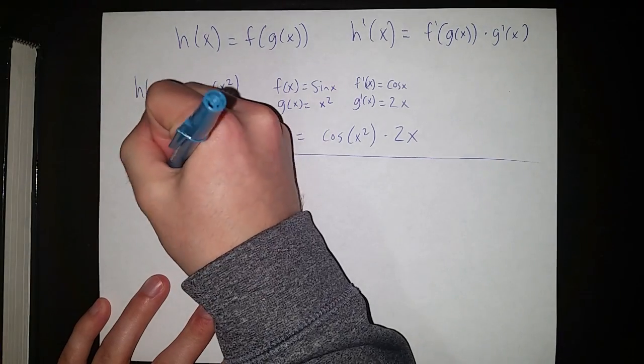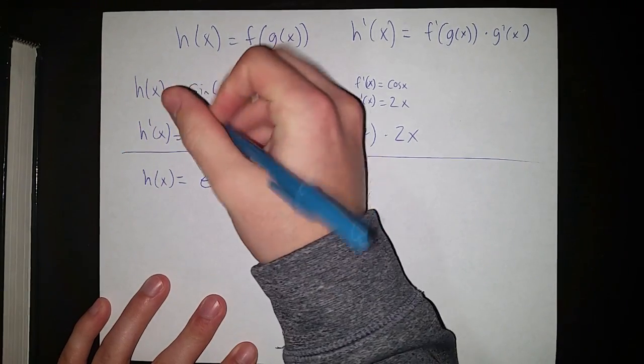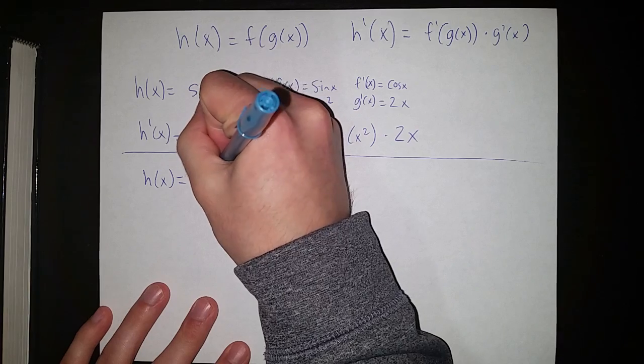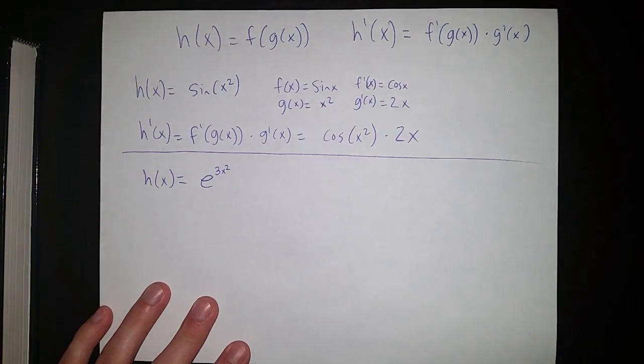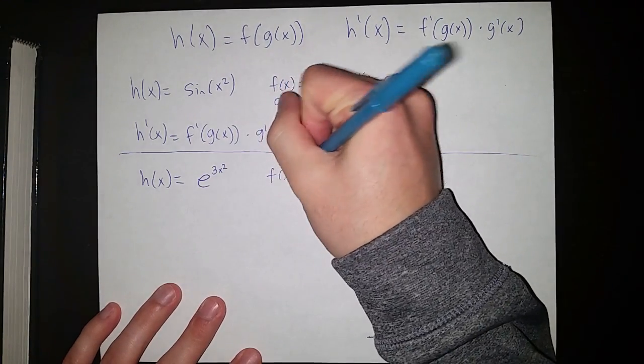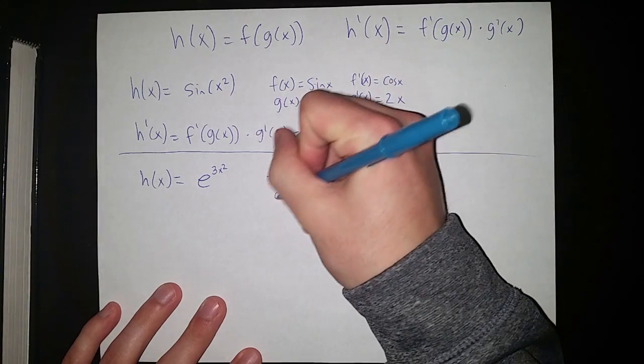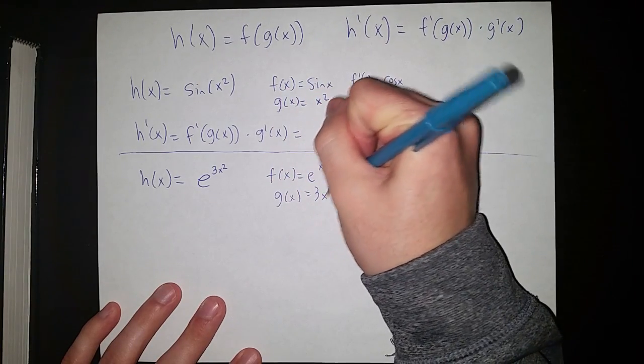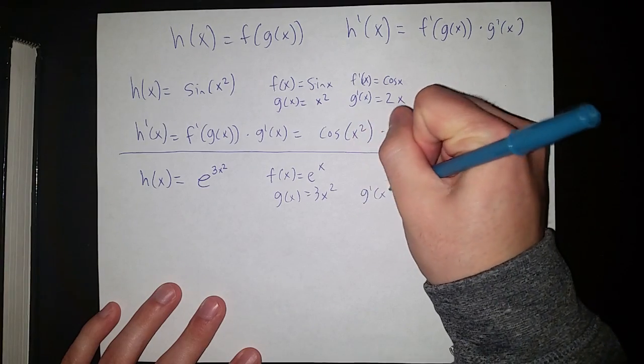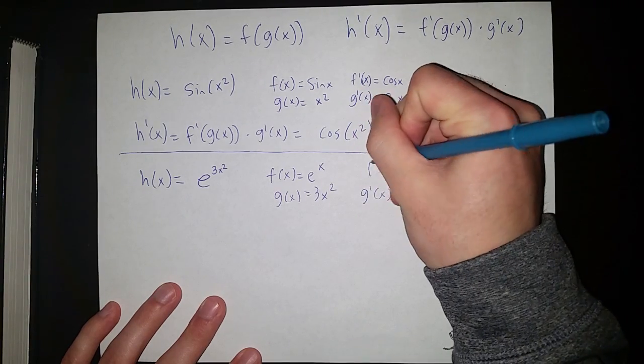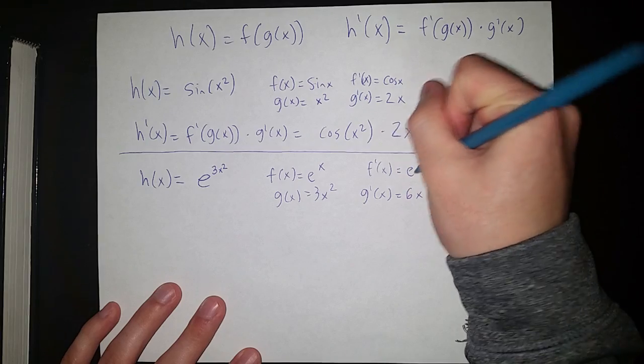Let's do h of x equals e to the 3x squared. f of x equals e to the x, g of x equals 3x squared, g prime of x equals 6x, f prime of x equals e to the x.